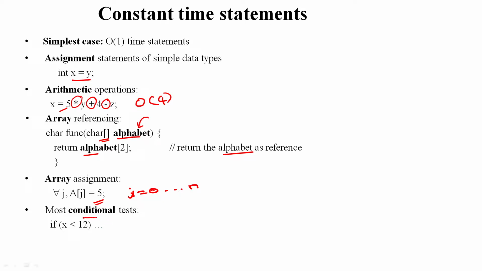Then conditional tests, which is just testing, that means a relational operation inside an if statement or while statement. This conditional test, which gives either true or false, also consumes constant time.